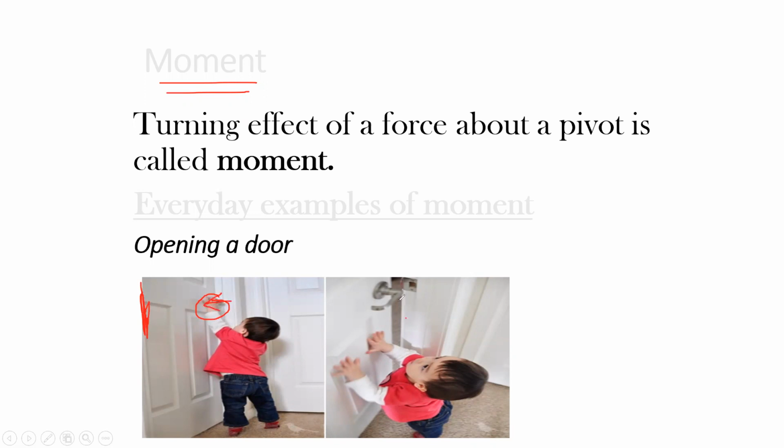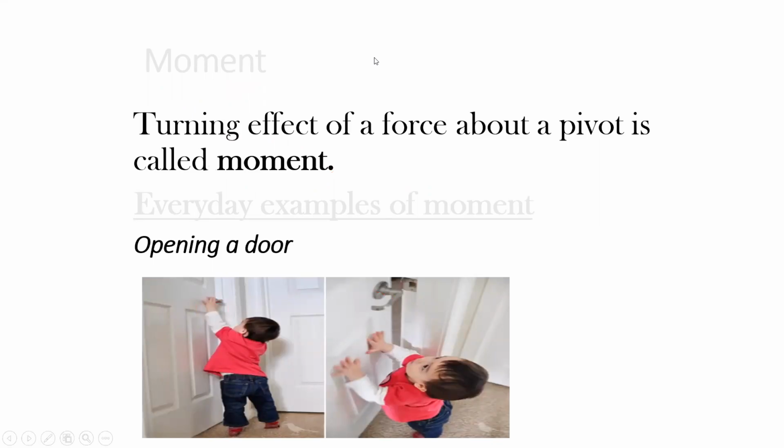When he's applying the force, what happens to the door? The door will rotate. So whenever anything rotates about a fixed point, we call that a turning effect of the force, or in short we can say it is a moment, or a moment is produced. So opening or closing of a door is a simple example of a moment.